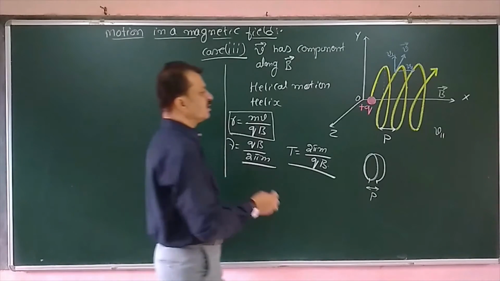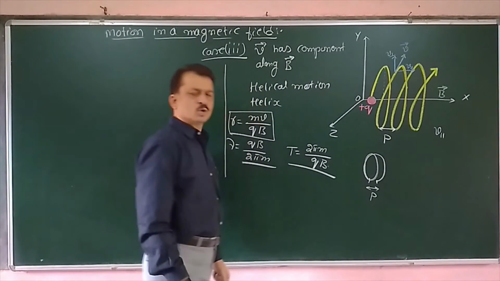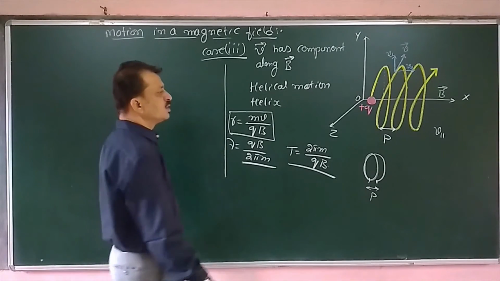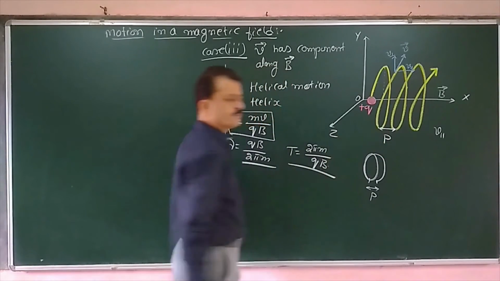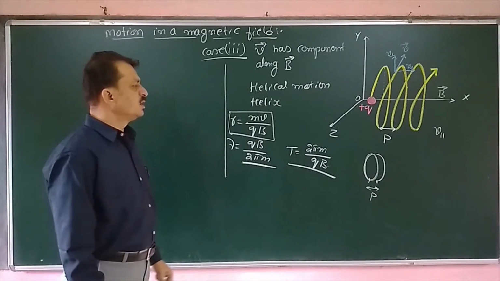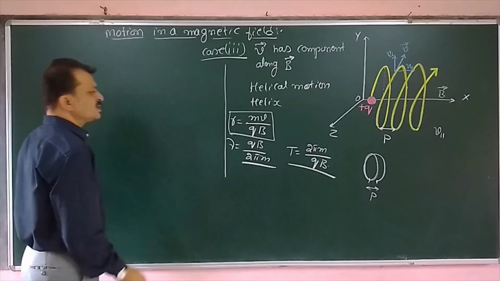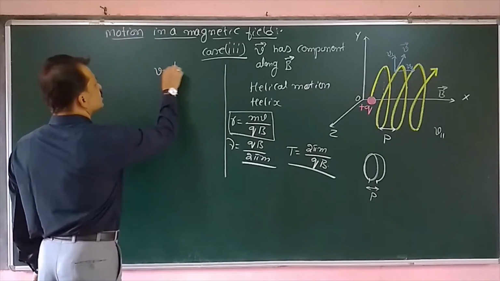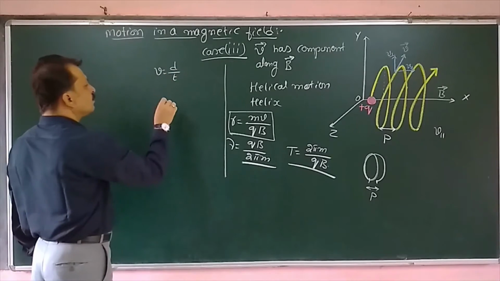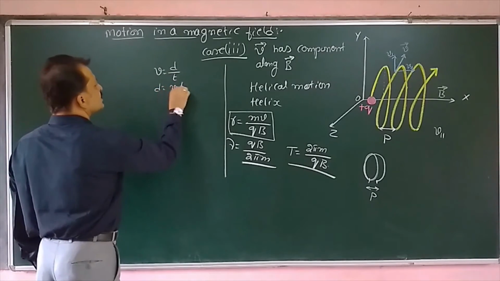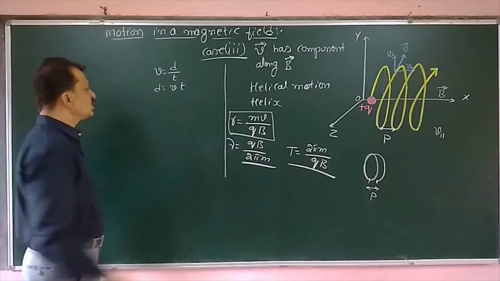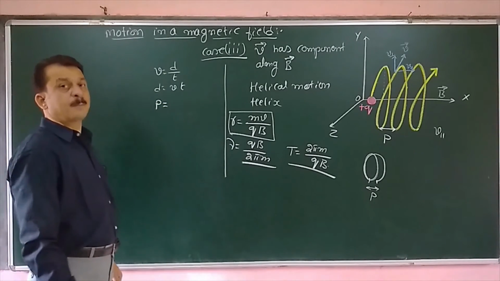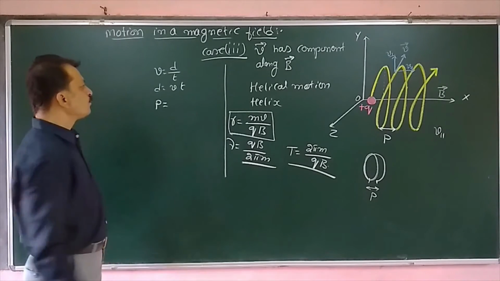The distance traveled in one rotation of helical motion along the field direction, we call it pitch. Now, how can you obtain the expression for the pitch? We know that velocity is equal to displacement divided by time. Therefore, displacement is equal to velocity into time. Displacement here is the pitch.